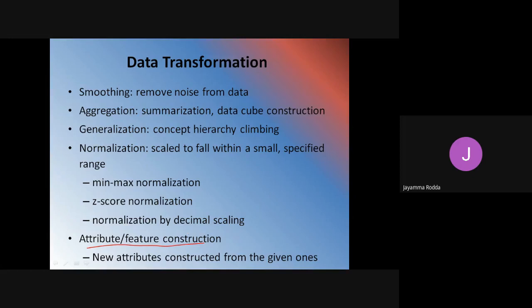For example, we may wish to add the attribute area based on height and width. By combining attributes, construction can discover missing information about the relationship between the data attributes and can be useful for knowledge discovery.